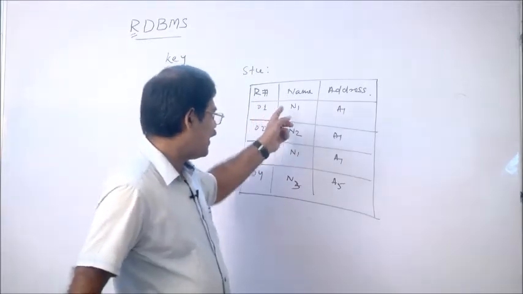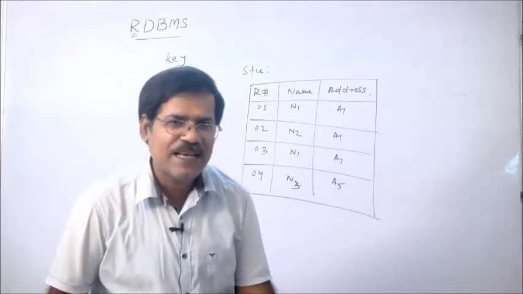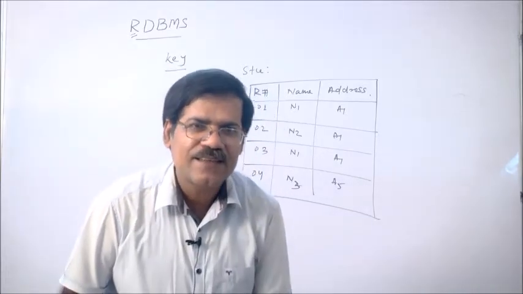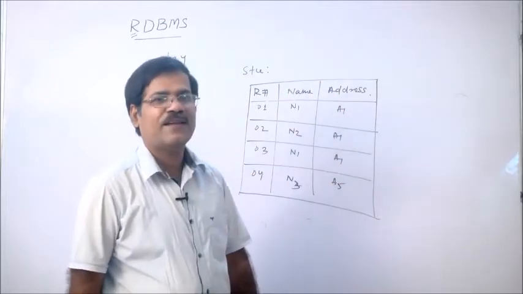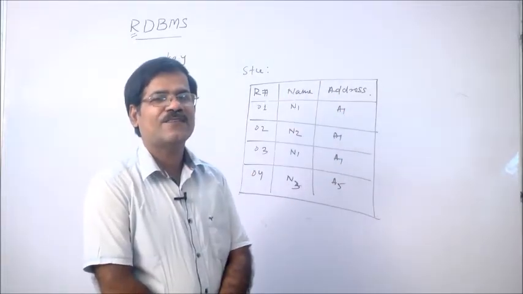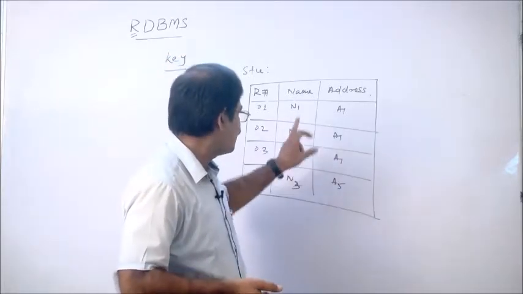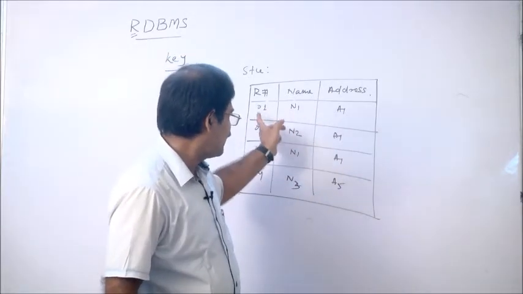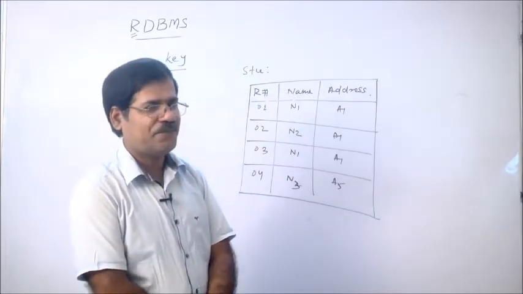That means 1, N1 and A1 will be fetched. Suppose I write select roll number, name and address from student where name equal to N1. How many records will be fetched? 1 and 2, because 2 N1s are there. So this record and this record will be retrieved from the table and displayed on the screen.